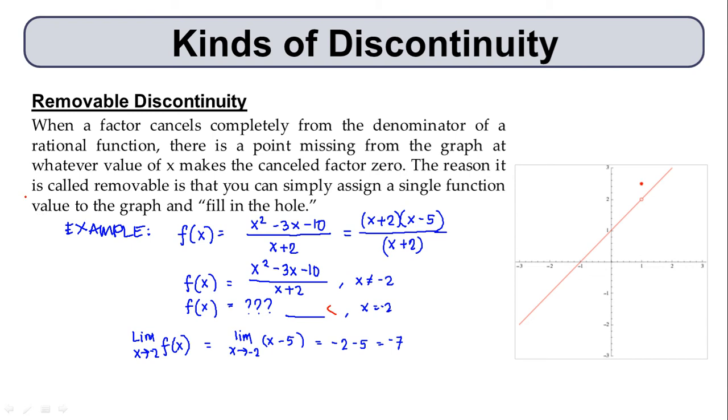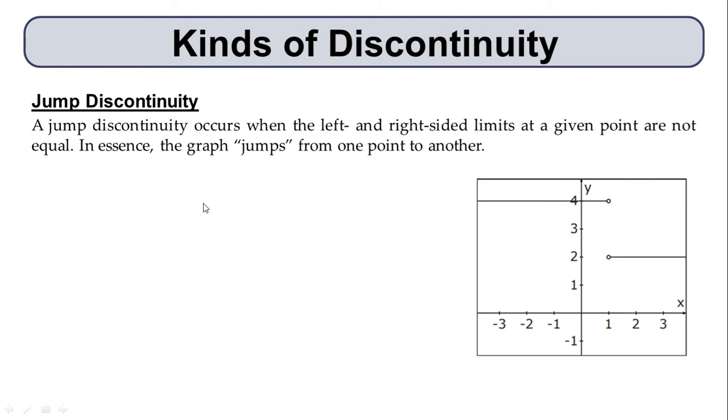So, magiging sagot natin dito is negative 7. So, ganyan na siya i-represent. Then, itong ating function is discontinuous. No? Meron siyang tinatawag na removable discontinuity. Okay? Next, jump discontinuity naman.